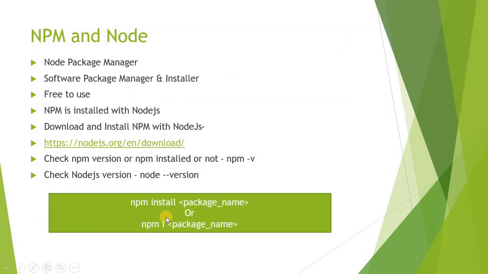So with the help of npm, how can you install different packages? Directly use npm install or npm i. So npm install space package name, you can directly install a particular package. If you want to uninstall a package, simply type npm uninstall and then the package name.